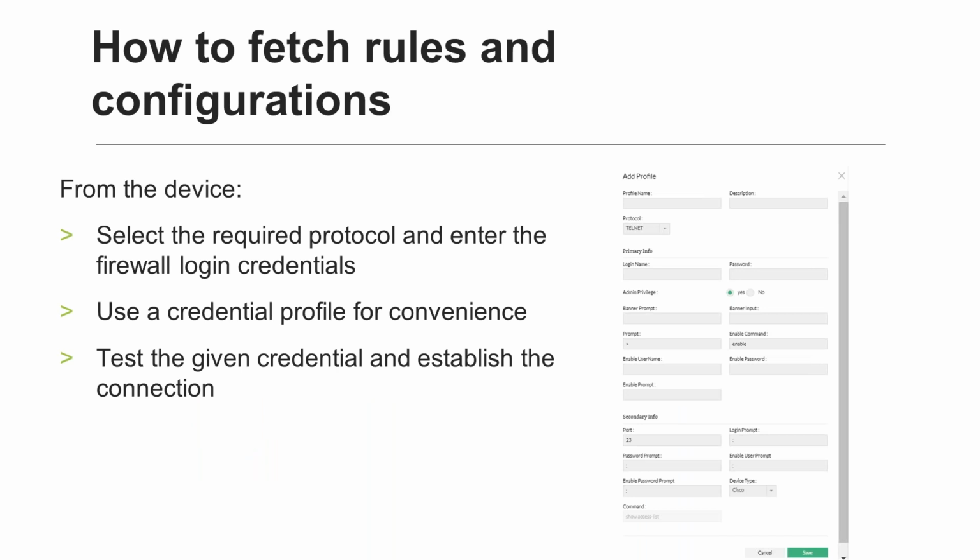One, from the device directly by making a live communication between the firewall and Firewall Analyzer, or by uploading the configuration and rule file into Firewall Analyzer. These are the two methods. I would like to show you in the product UI how to fetch these rules and configuration from the device in a live manner.